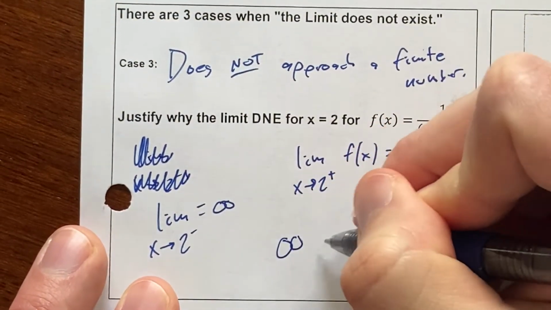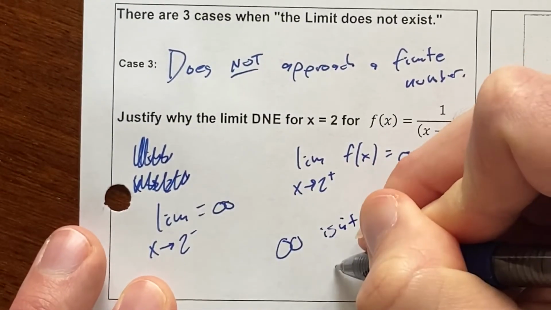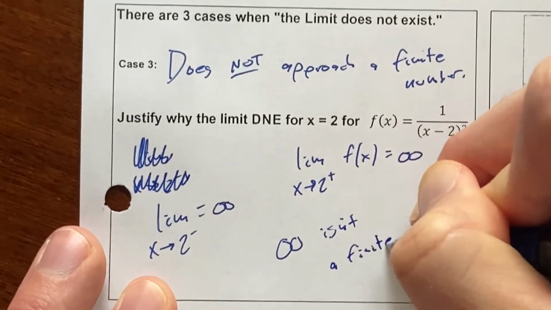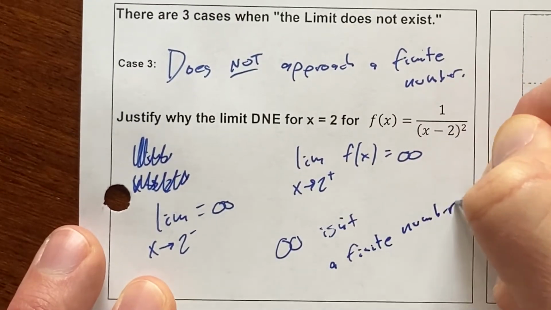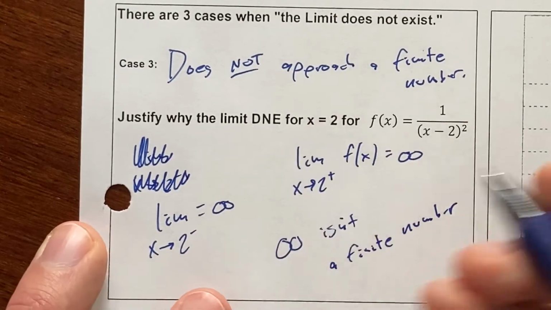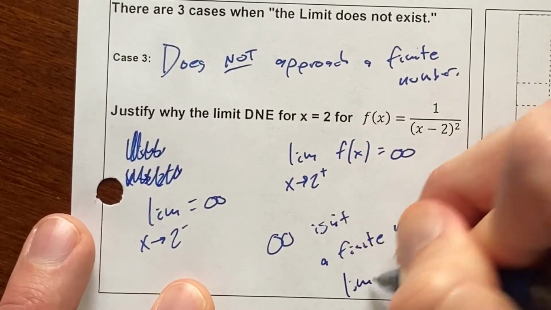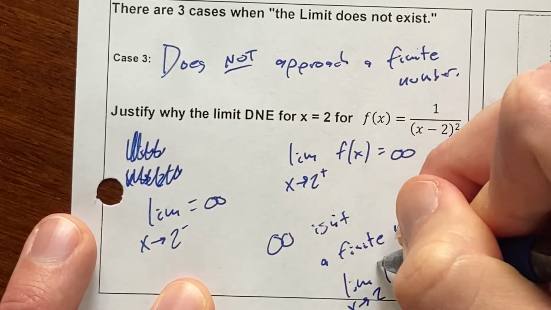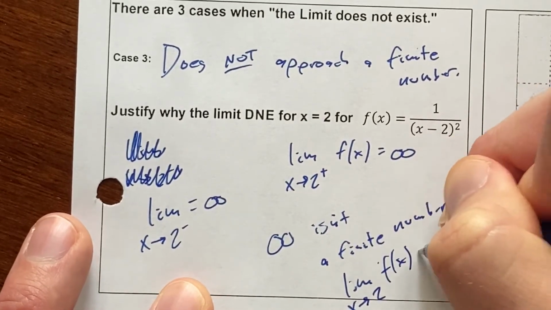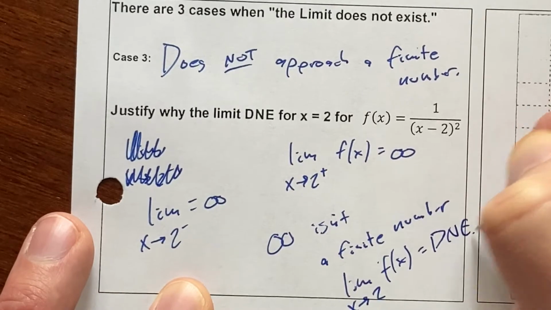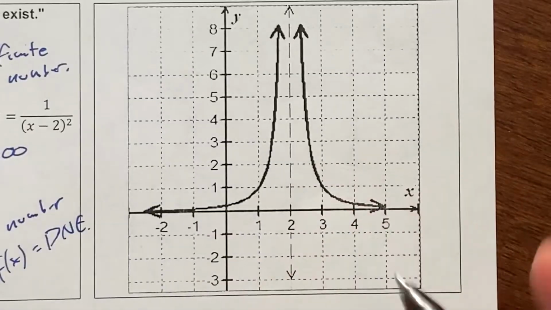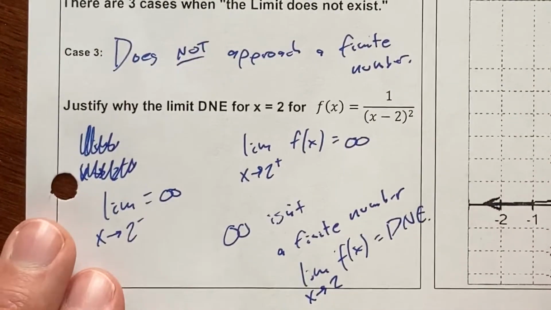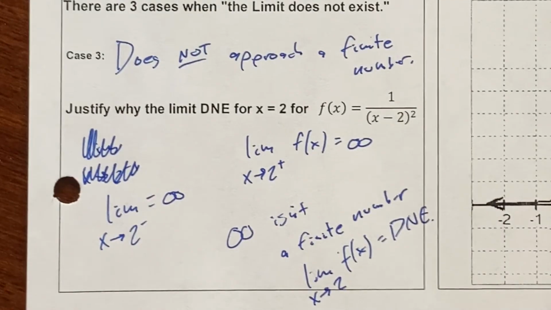But infinity isn't a finite number. So if we want to find the limit as x approaches 2 for f of x, that does not exist. Okay, it approaches infinity, it's not a finite number, that limit does not exist.